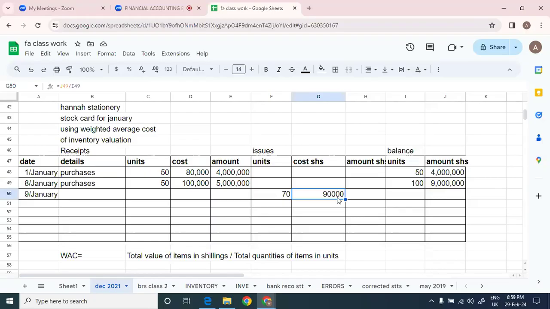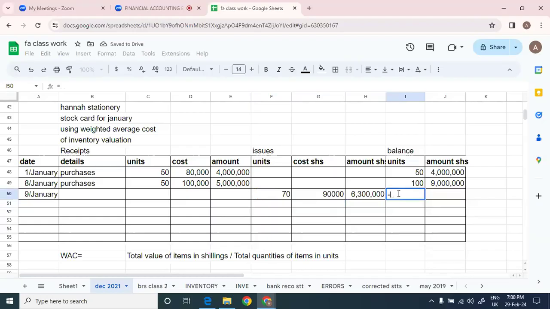Yes. Total value of items in shillings divided by total quantities of items in units. Get 9 million divided by 100, what we get is 90,000 for each item. We get 70 multiplied by 90, I get 6.3.